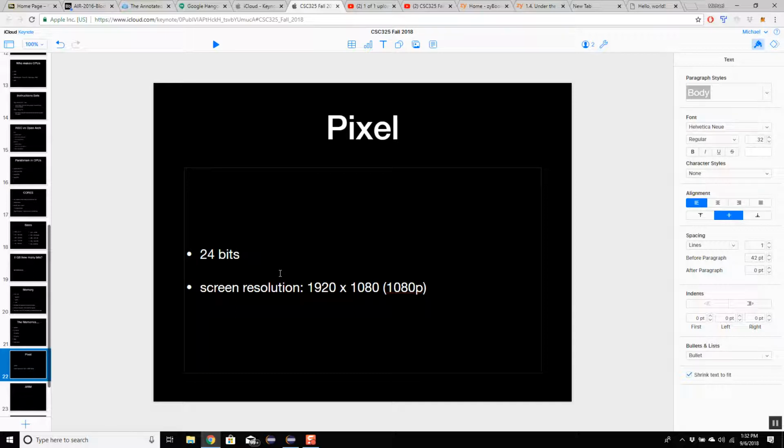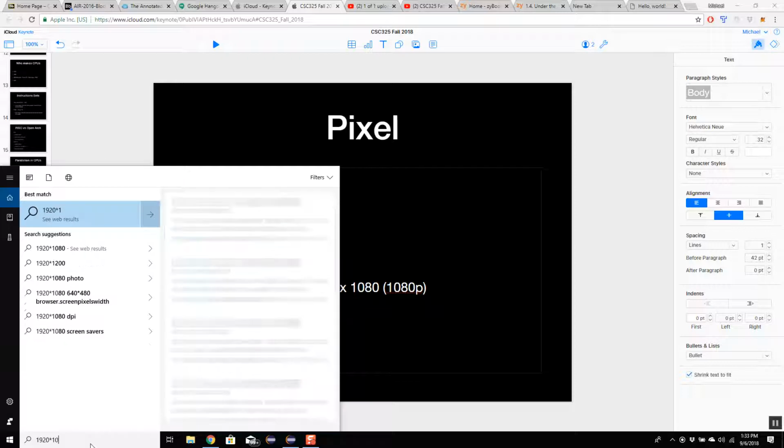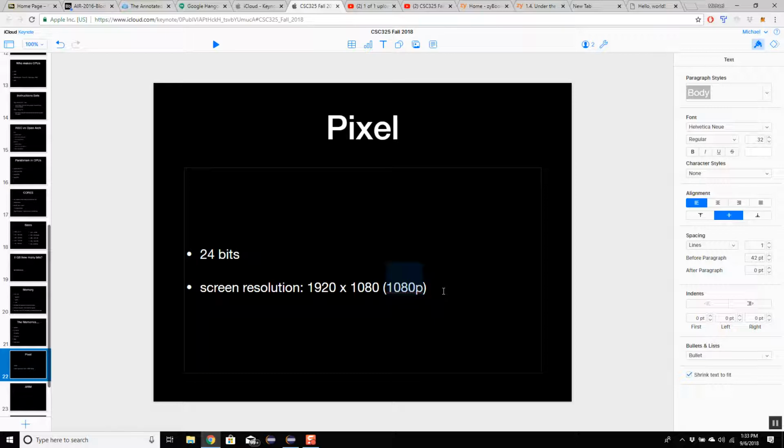So that means we have 1920 by 1080 total pixels. So 1920 times 1080 gives us this many pixels. Well, that's really annoying that you can't just click down. What's up with that? No replacement found. I don't want a replacement. All right, so that's the number of individual pixels. Now, we have 24 bits per pixel.